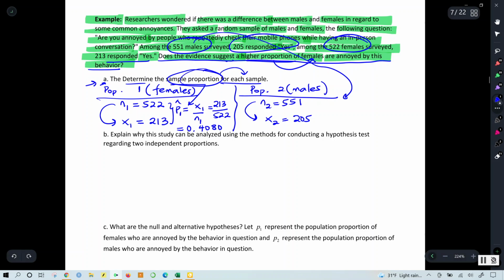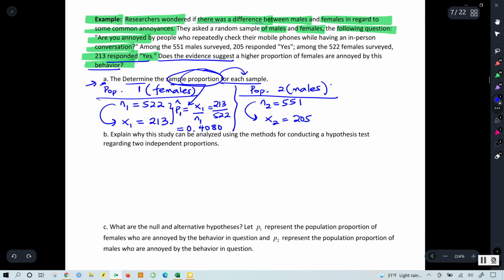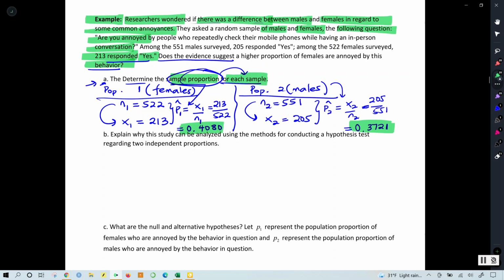And the sample proportion for the second group, p2 hat, is x2 out of n2, that will be 205 out of 551, which is equal to 0.3721. So we have our answer for the sample proportion for each sample. Those are 0.4080 for females and 0.3721 for males.